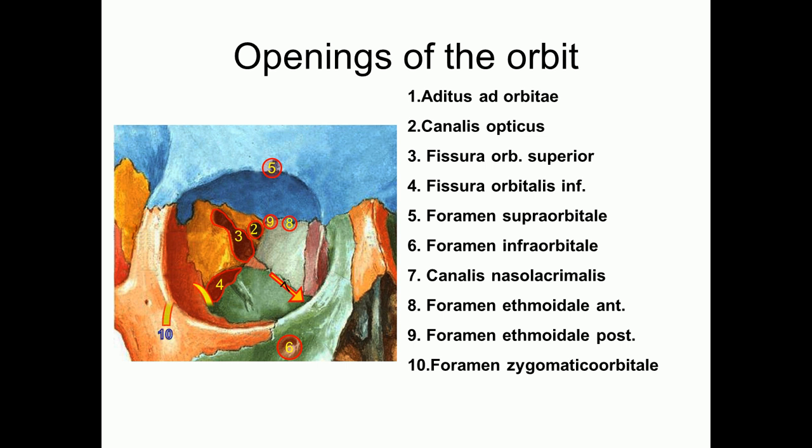And last, number 10, foramen zygomaticoorbitale. Sure, it's impossible to demonstrate it from the front view. That's why we use this arrow to show that to find this foramen zygomaticoorbitale, we need to turn the specimen and look at the lateral or inferior wall of the eye socket.